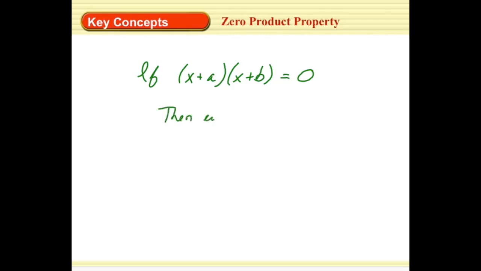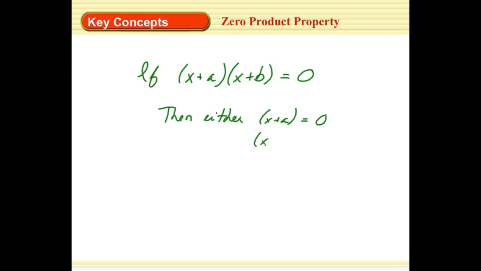The next property we want to look at is the zero property. The zero property basically says that if x plus a times x plus b equals 0, then one of these terms must equal 0.